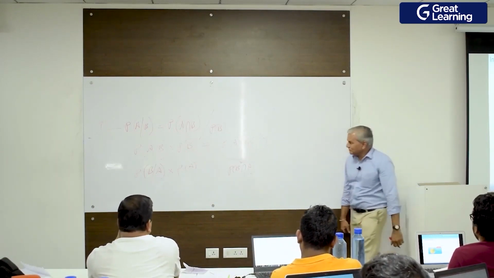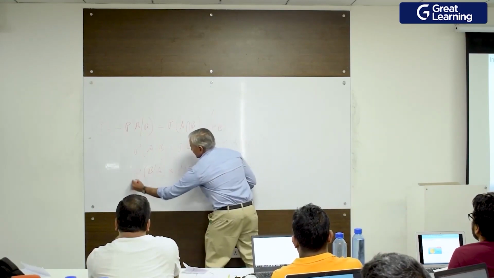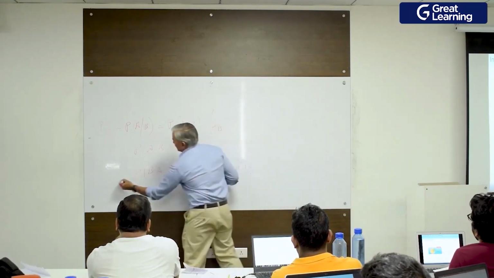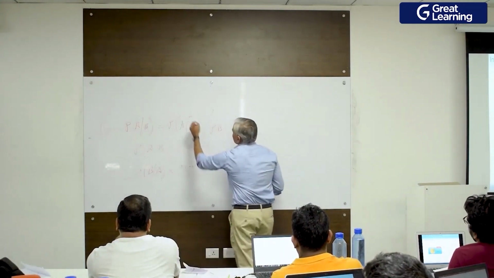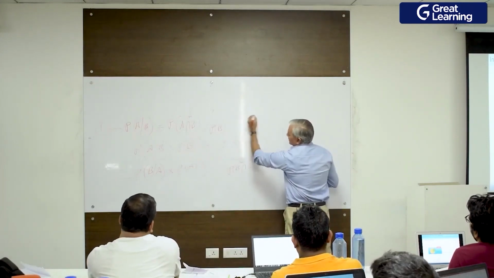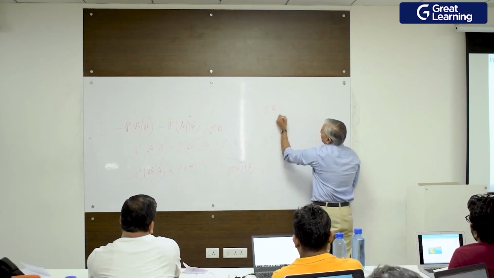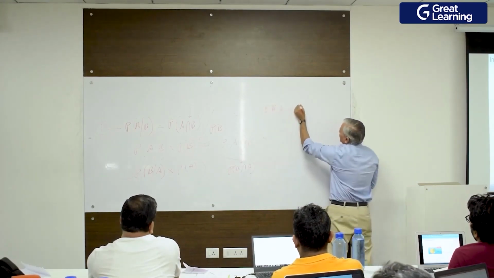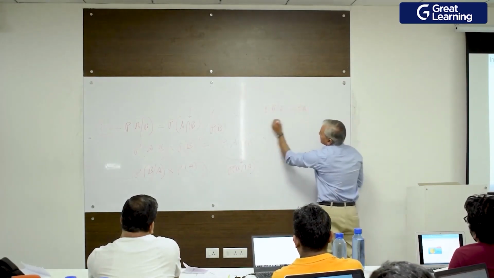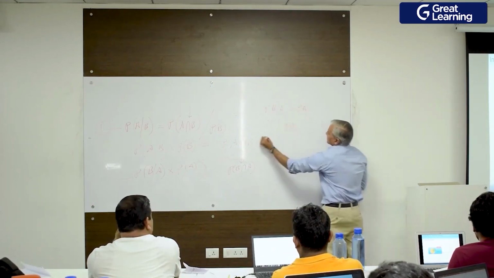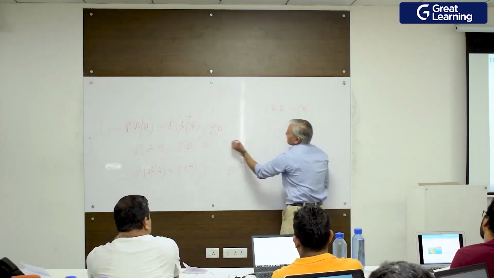Okay, I take this expression and I put it over here. So this conditional probability becomes P(A intersection B) is P(B given A) into P(A) divided by P(B). This is your Bayesian model.